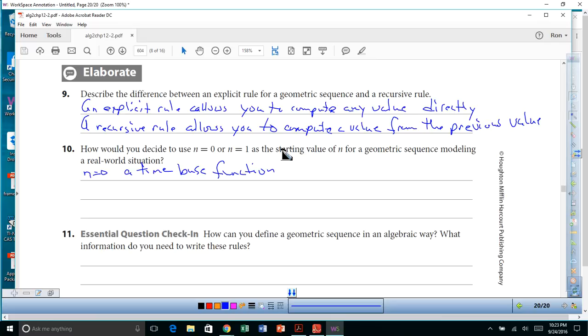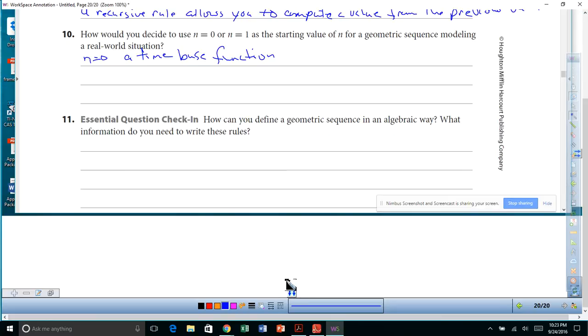Number 11, essential question check-in. How do you define a geometric sequence in an algebraic way? Well, either explicitly or recursively.